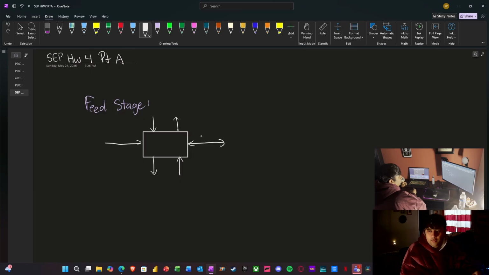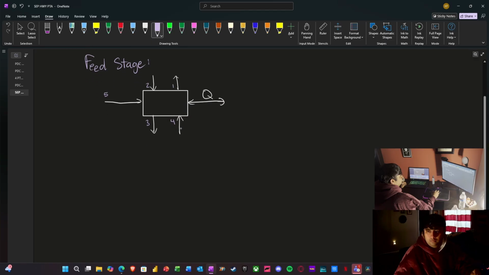And then we also want to account for our heat exchange, which we'll define as Q. And let's label these streams as 1, 2, 3, 4, and 5. And then we also want to take an account for temperature and pressure.